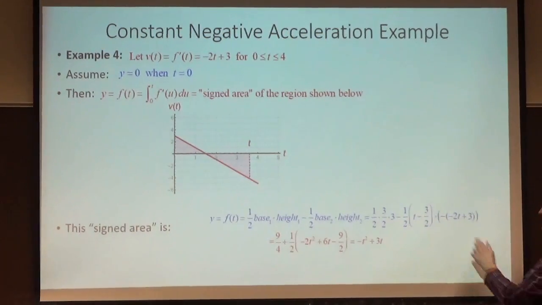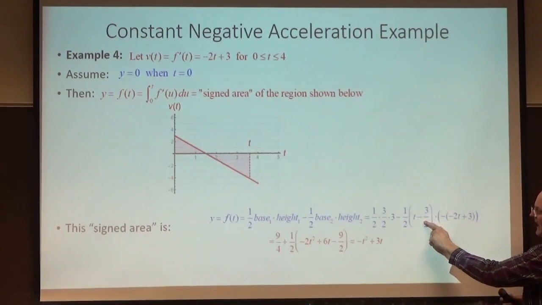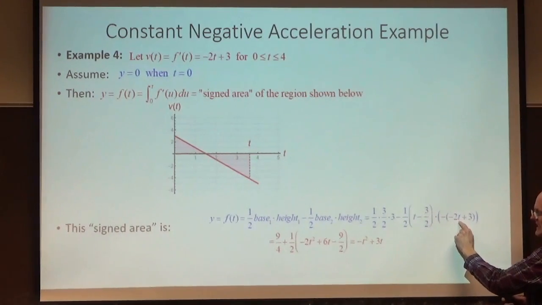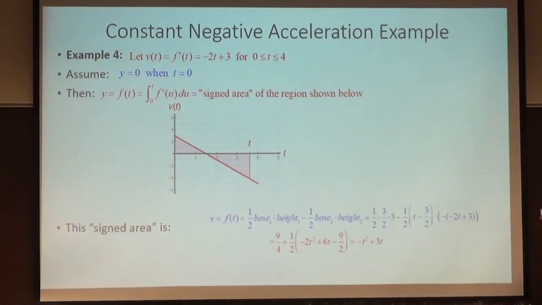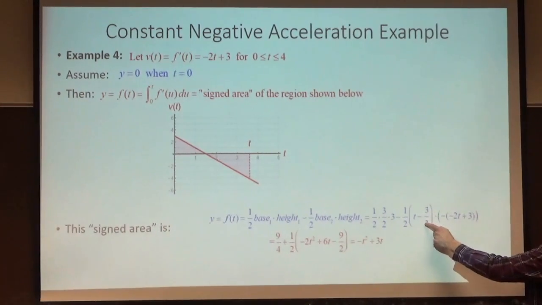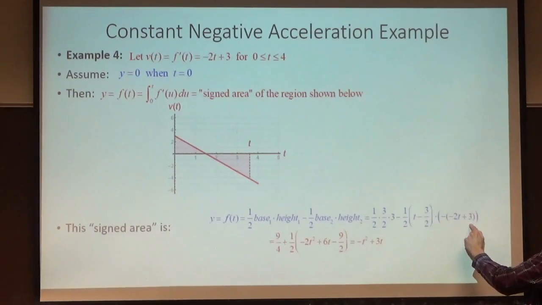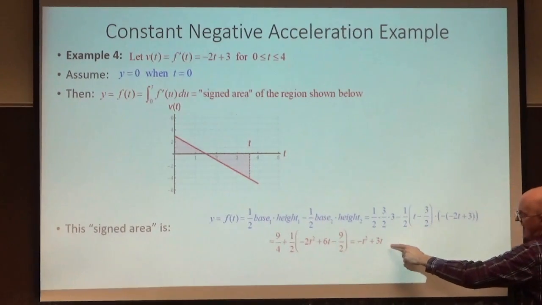Inside times inside, again, ignore this negative sign here. It's no longer there. Negative 3/2 times negative 2t is going to be positive 3t. The outside and inside terms are both 3t. They add to give you 6t. And then finally, last times last is negative 3/2 times 3 is negative 9/2, which is what you see there. Bring the 1/2 through, simplify, and you get this.